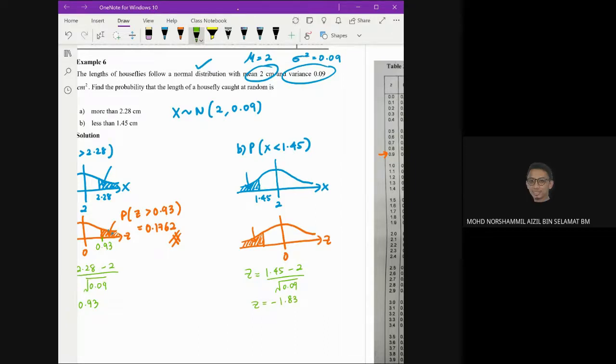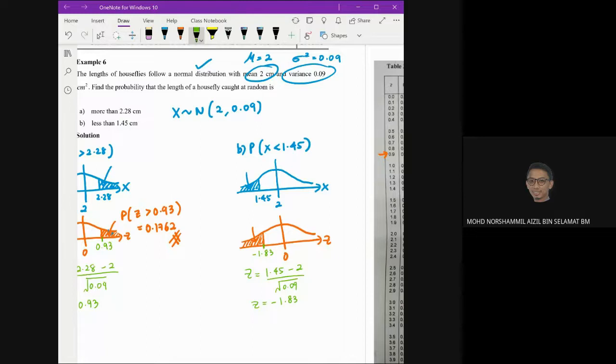So negative 1.83 will be here. Guys, be careful. We cannot read the table directly for negative 1.83, we don't have negative 1.83. So what should we do? Reflect.